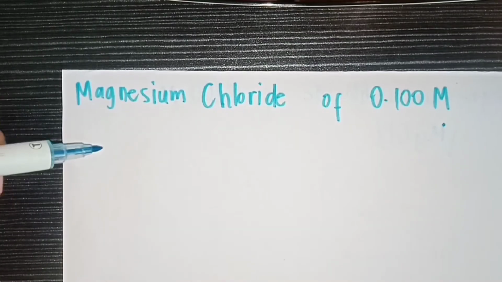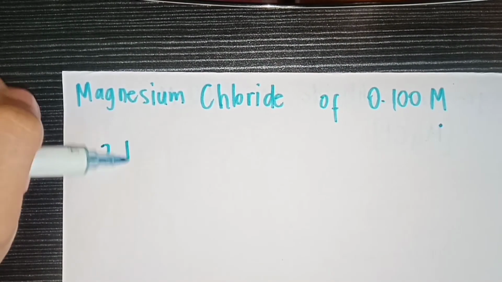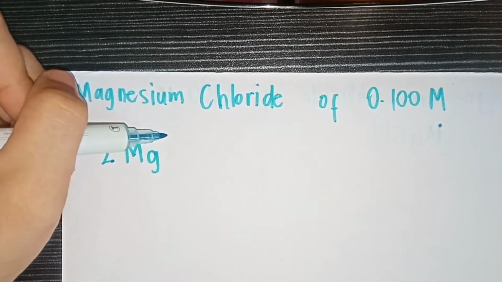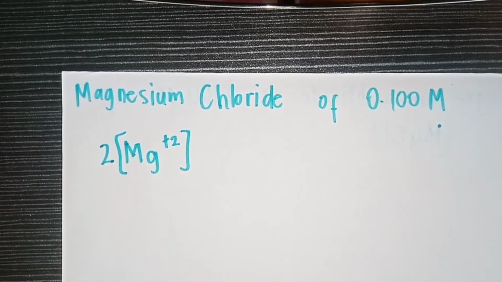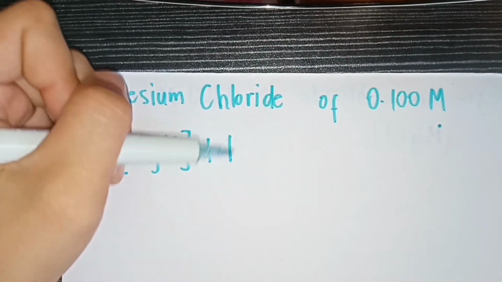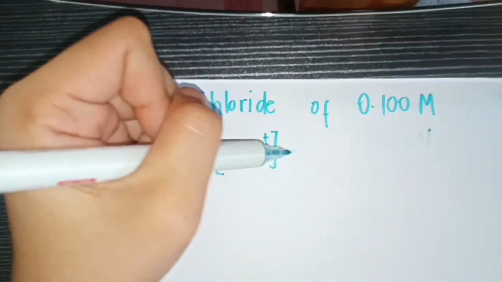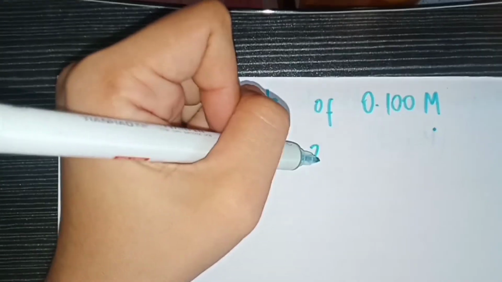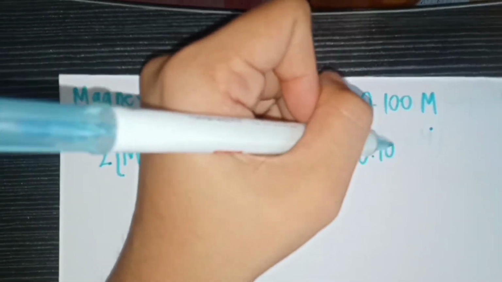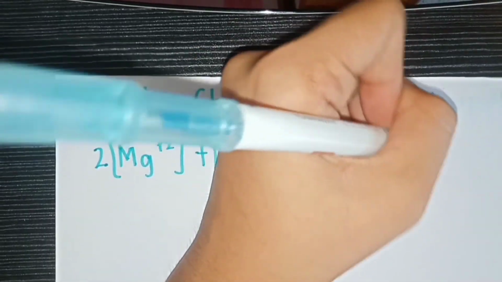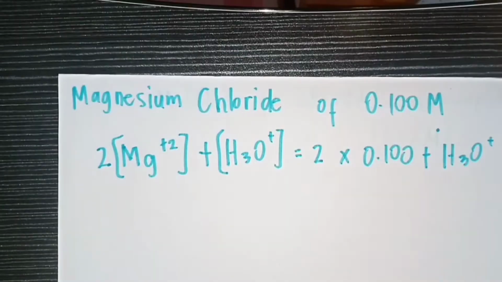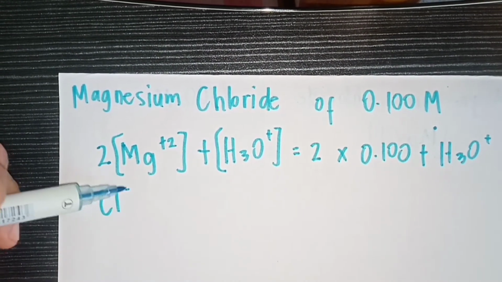For our last example, consider the analytical concentration of magnesium chloride with 0.100 molar concentration. In the first equation, the molar concentration of magnesium ion is multiplied by 2, so 2 times 0.100, because 1 mole of that ion contributes 2 moles of positive charge to the solution.